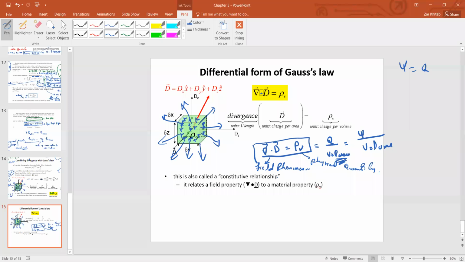So again, the first Maxwell equation is a constitutive relationship. It relates a field property to a material property. This equation is a constitutive relationship because it relates a field property to a material property.